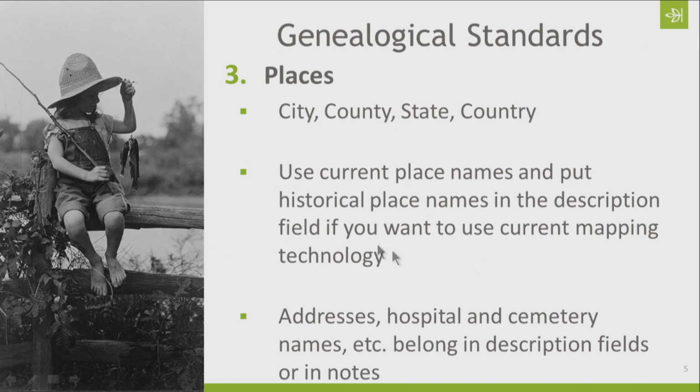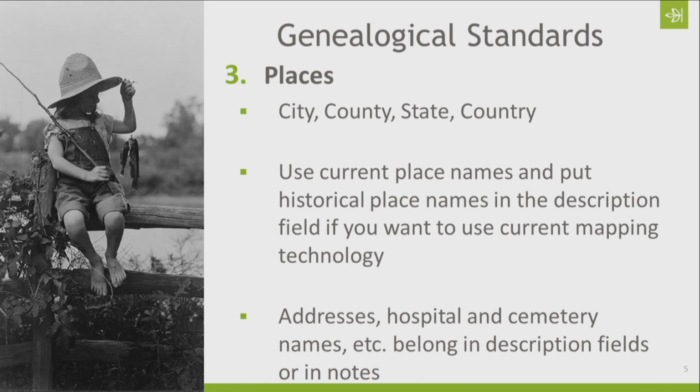And the final standard here as it relates to places is we're not going to include detailed place names in that location field. Those are going to belong in a description field or in your notes. So if you've got a specific address or the name of a hospital where somebody died or the cemetery where they're buried, that's great. You want to capture that information, but the location field is not always the best place for that if you want to use the automated tools available.